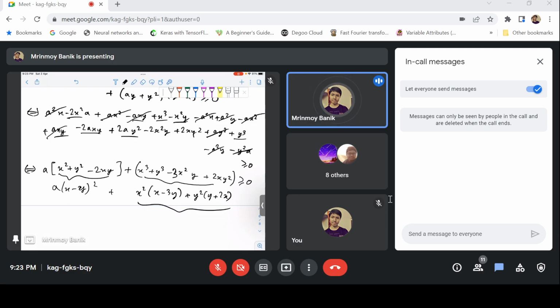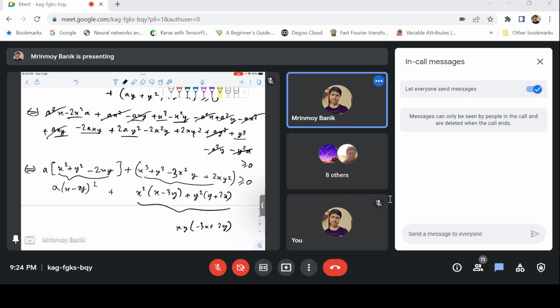I don't see how. Take common xy, this is minus 3x plus 2y. Like x and y all are positive, right?